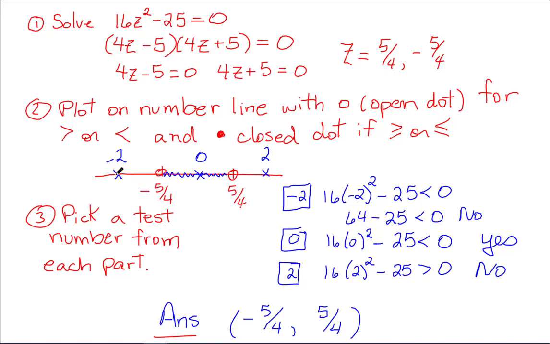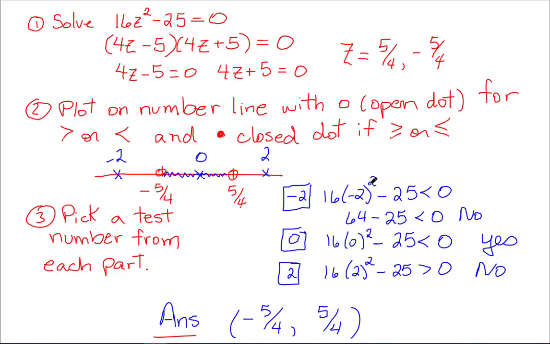Doesn't matter what number you pick, just make sure it's easy to calculate with, and it does live where you're picking it. So for example, here's minus 5/4. I couldn't say, oh, I'm going to pick -1. Well, -1's not here. -1 would be on the inside. So just make sure you're actually picking numbers that are in that region. And now we test them out. Plug in -2.